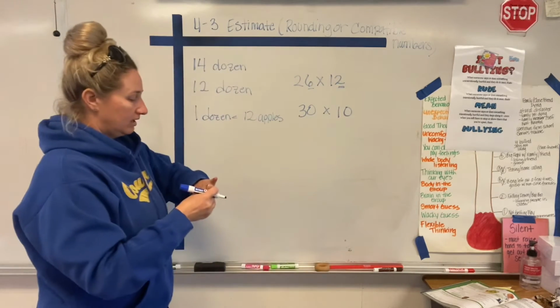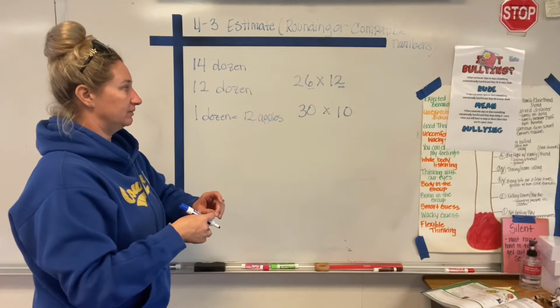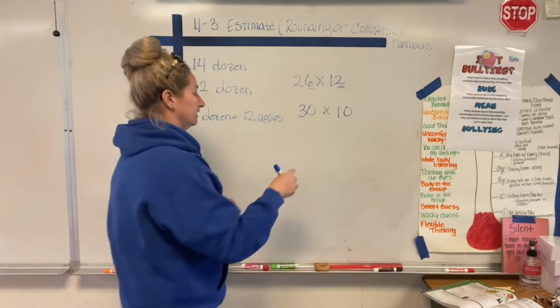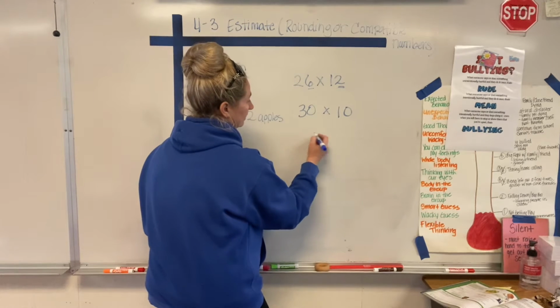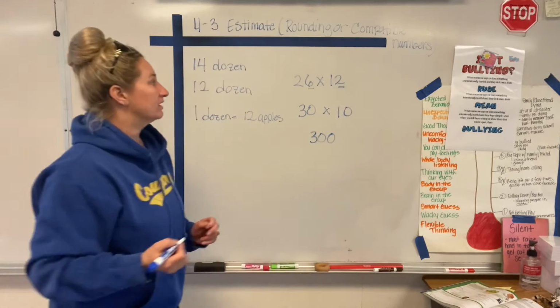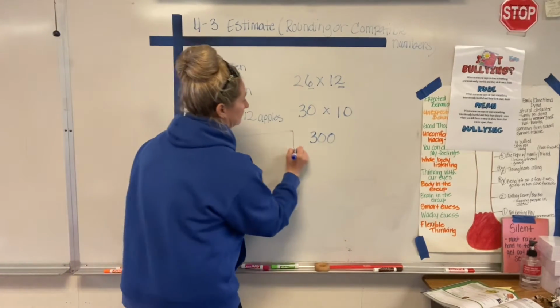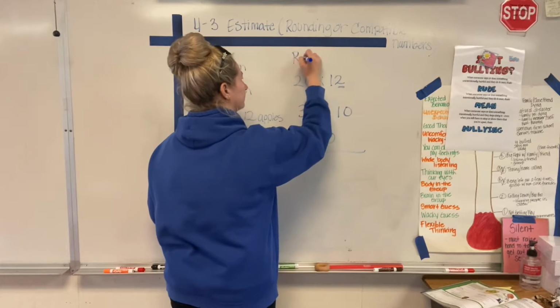All right. And then you get to use our strategies that we used earlier in chapter 4, which is multiplying the first 2 digits and adding on the zeros. Okay, so with rounding, I get 300. And let's do, this was rounding.